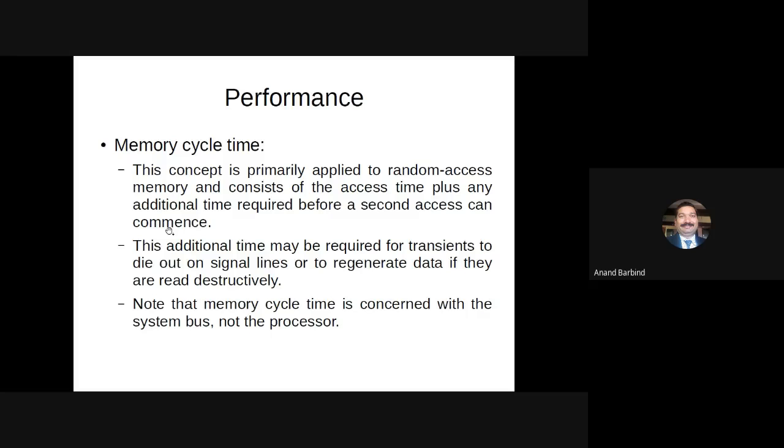This additional time may be required for transients to die out on the signal lines or to regenerate data if they are read destructively. So this is the memory cycle time, that is the complete time between two different read or write operations, or a read followed by a write operation.